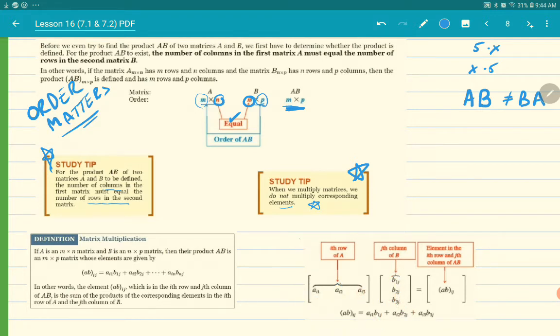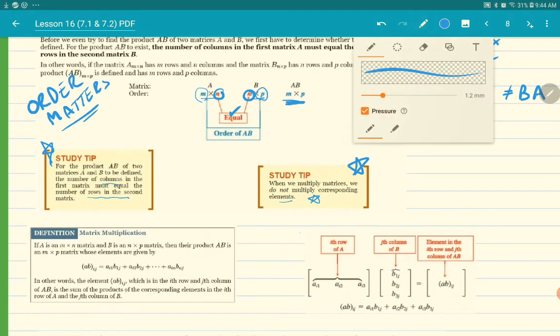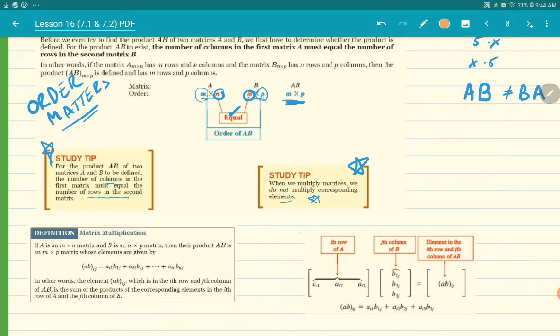I like to teach this in person by literally using my fingers when I am doing this multiplication. I don't know how to show that on here without multiple arrows on the screen, so I'm just going to draw in some little fingers here. I put my finger here on A1 and on B1, and then I slide my finger this way while this one's sliding this way, because the sum of these three products is equal to one element.